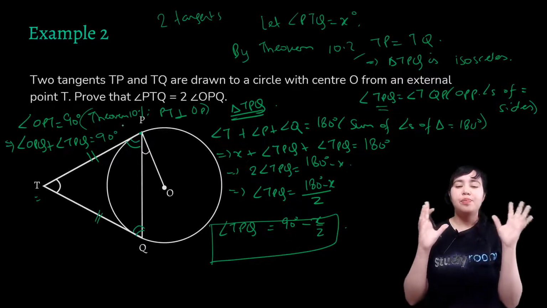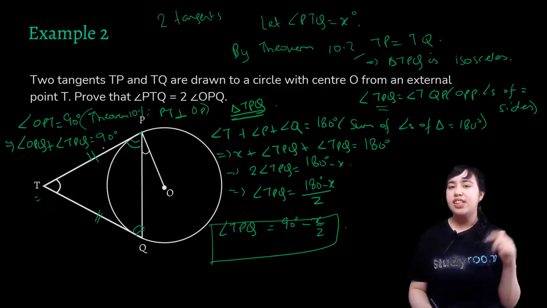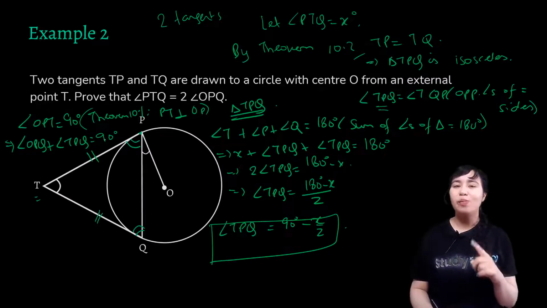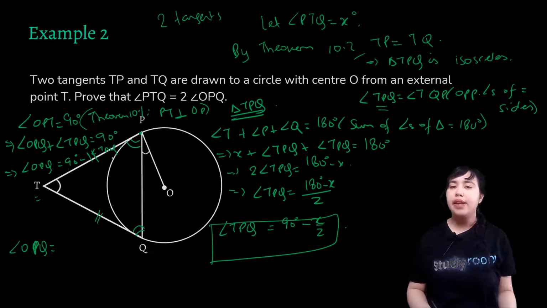Just popping some general information. Whenever the sum of any 2 angles is 90 degree, we call such angles as complementary. Just remember that. Alright, so coming back to the question, angle OPQ we don't know, but we can say it's equal to 90 degree minus angle TPQ. I'll just write over here now. So angle OPQ is equal to 90 degree minus angle TPQ.